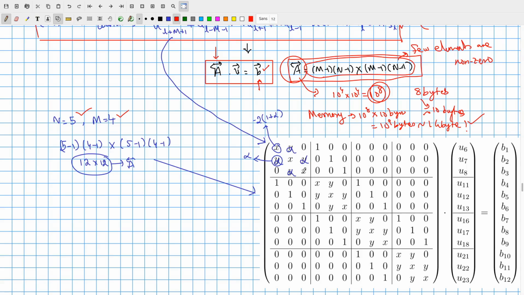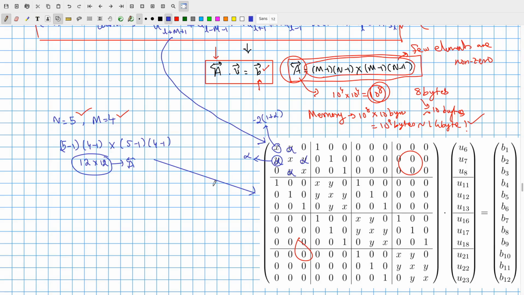Now if you see, most of the elements are 0 here. The 3 diagonal elements are non-zero, and the next off-diagonal element is 0, and the next diagonal element is 1. The same thing below also. So we have a tridiagonal matrix with one off-diagonal element being non-zero.